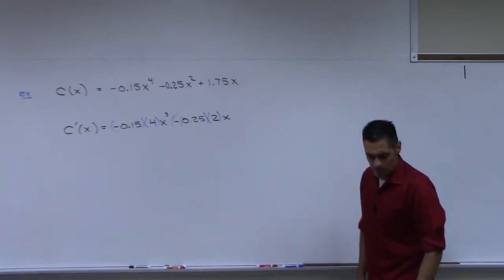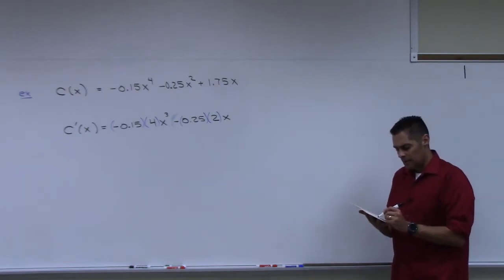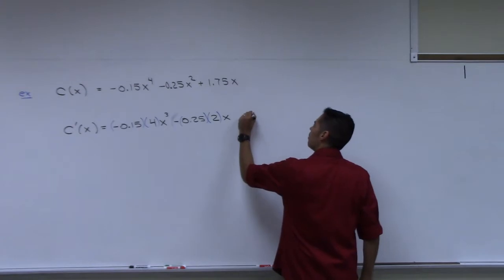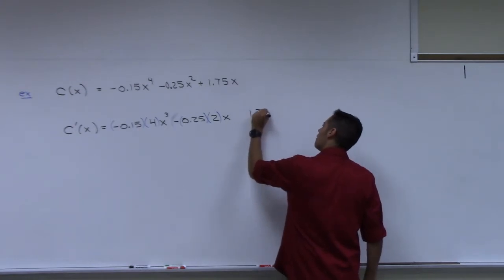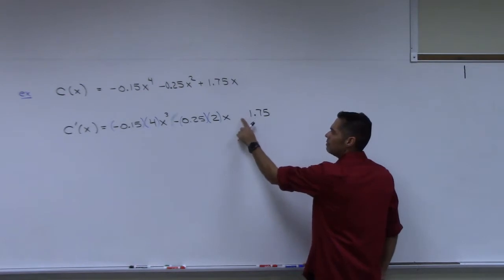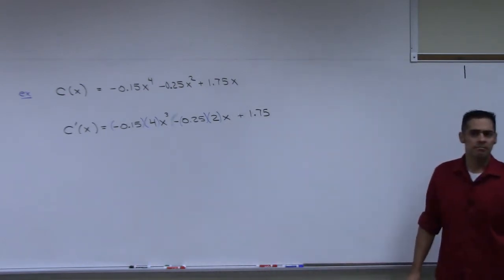Okay, and then how about Nathan? How about this last one? It will be 1.75, times 1, which I'm not going to write. And then what goes right here? You're adding, so plus. Everyone good?